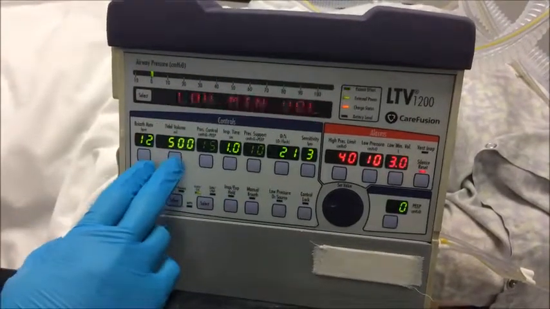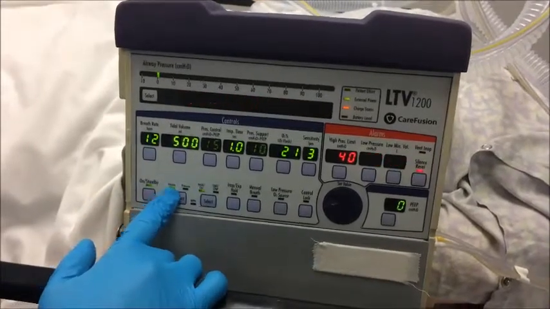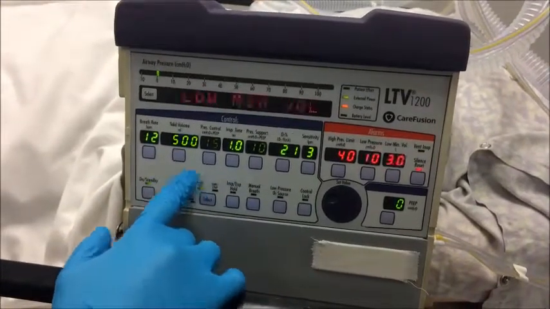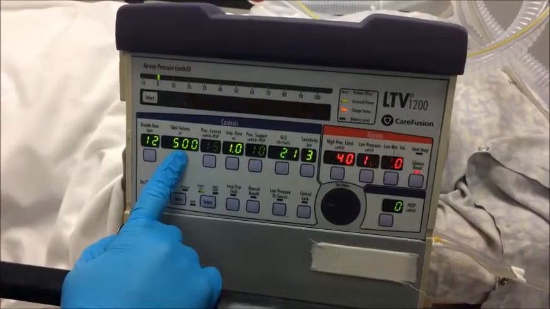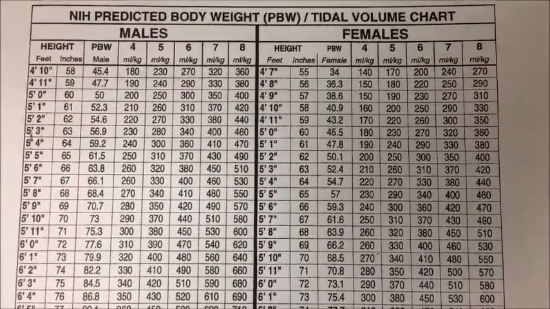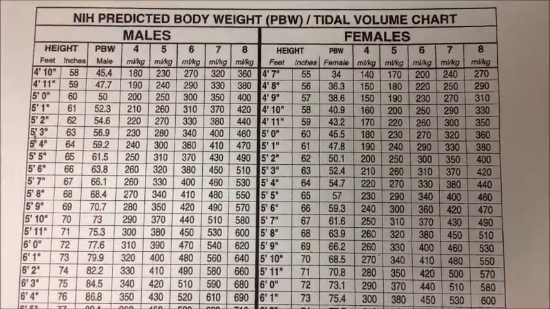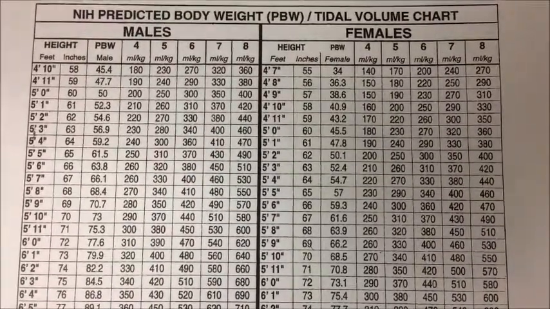We're going to set our tidal volume first. In this case, we are in volume control, assist control, so we need to set our volume. Our volume is going to be set based on ideal body weight. So the tidal volume of a patient is determined solely by the patient's height, and what we want to do is to determine the ideal body weight of the patient.